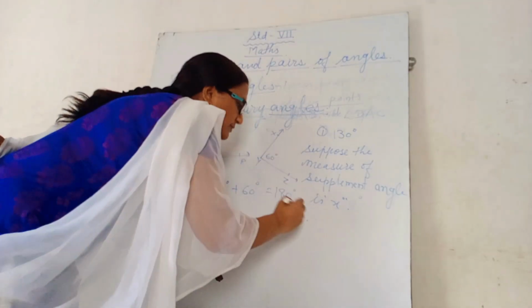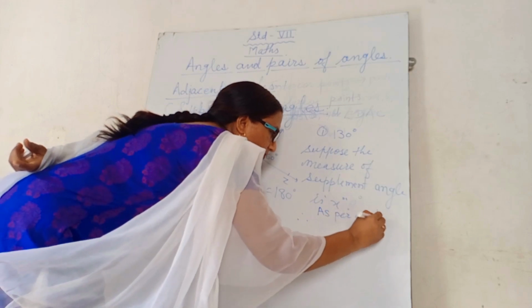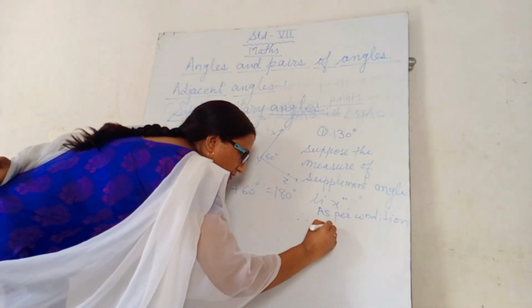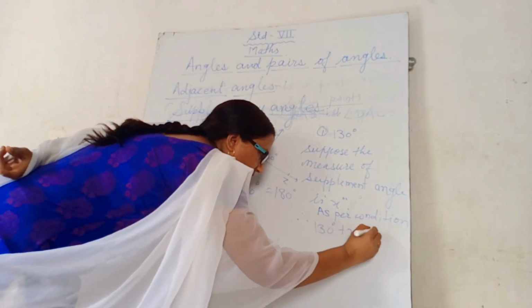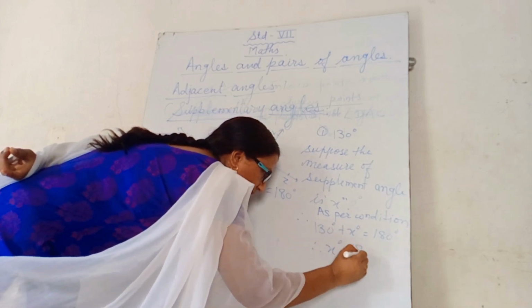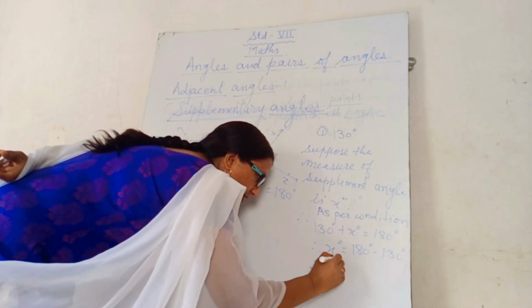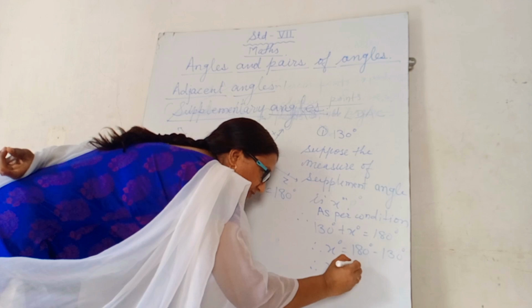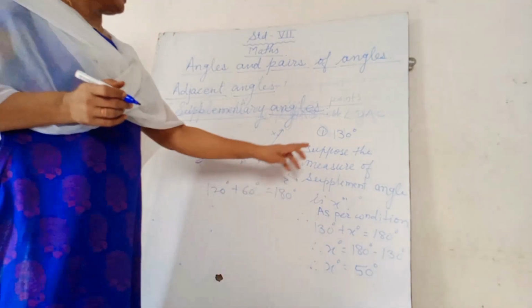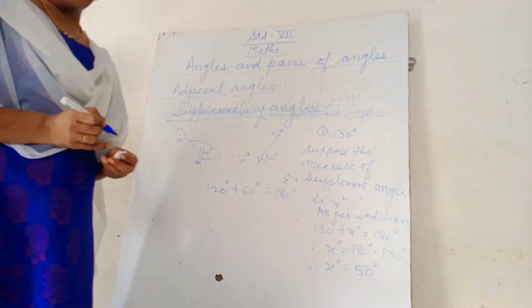Therefore, as per the condition, 130 degrees plus x degrees is equal to 180 degrees. Therefore, x degrees is equal to 180 minus 130. It is 50 degrees. Therefore, what is the supplement of 130 degrees? It is an angle of 50 degrees. Isn't it?